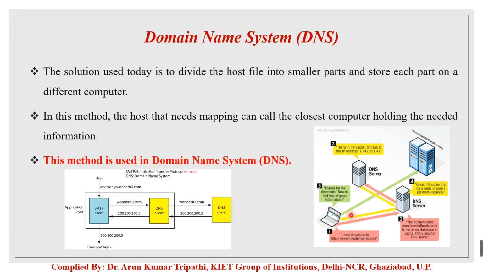Suppose the system searches for the address www.howstuffworks.com. It has not found the conversion in its host.txt file. It will search the DNS server 1 at the upper level.